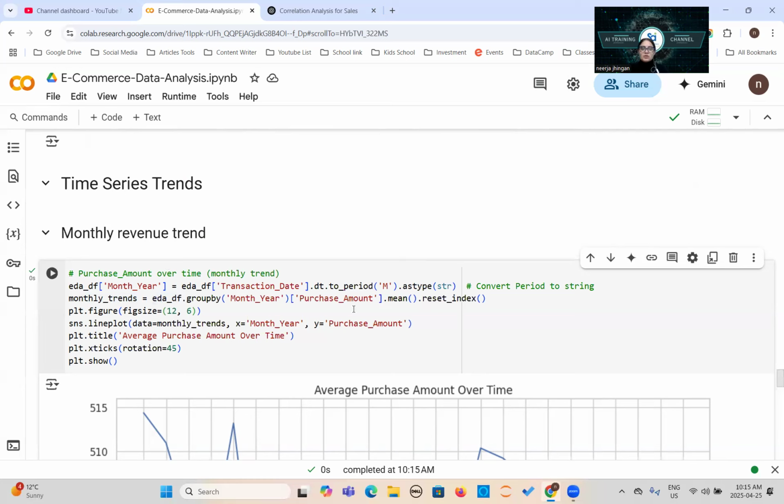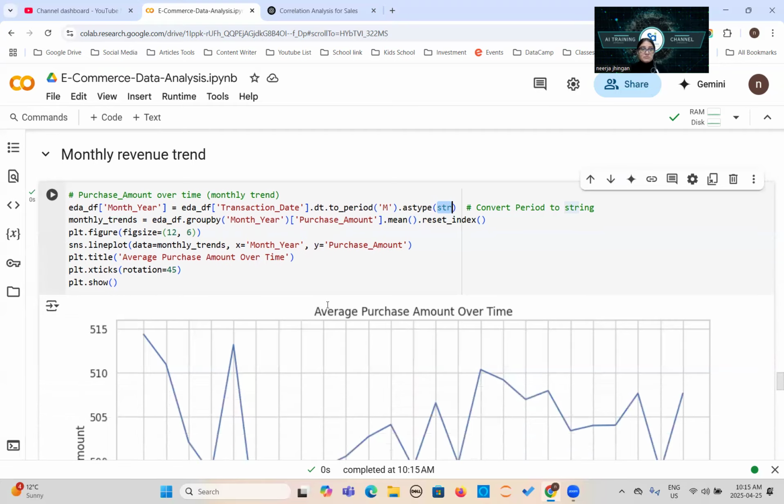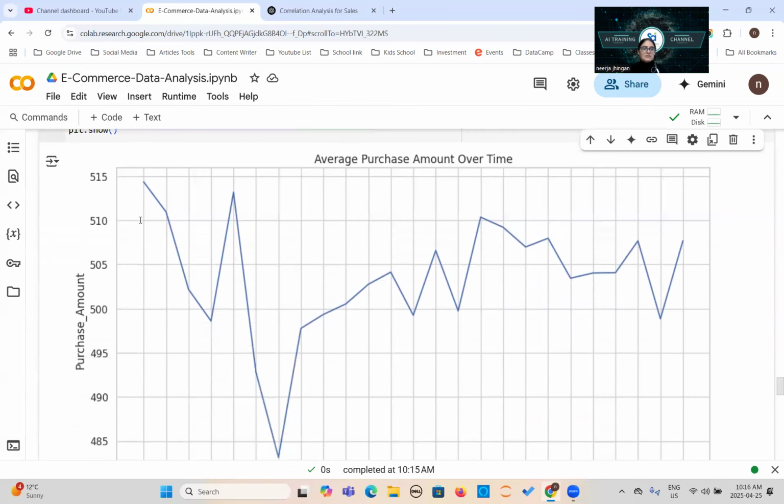We use the date and time method to convert to a period, to month, and I am going to convert it into a string because I wanted to show it on the x-axis. Then for monthly trends we will group by month and year on purchase amount.